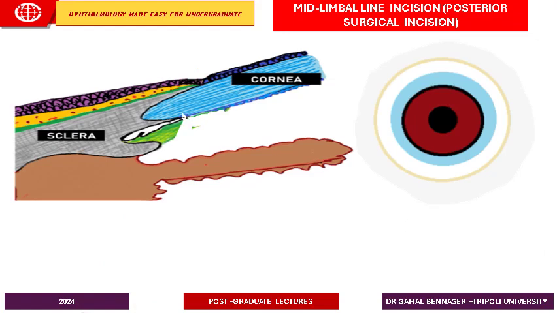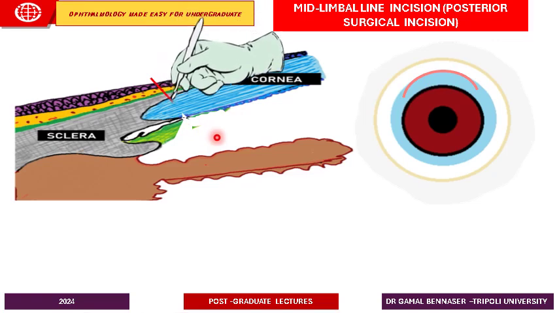Now, the second type of incision: if we go more posteriorly, we are at the midline limbal incision here, which limits the posterior surgical incision or the surgical limbus. So the incision here will pass through the termination of the Descemet's membrane, as you can see here.